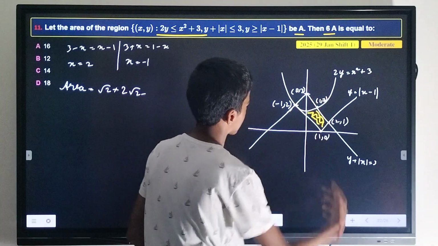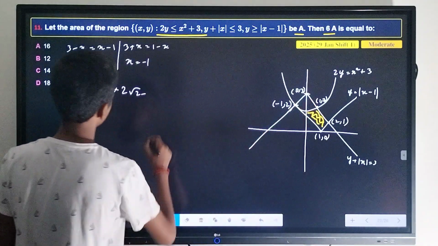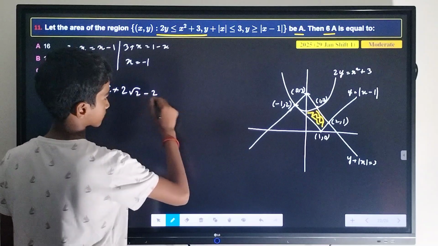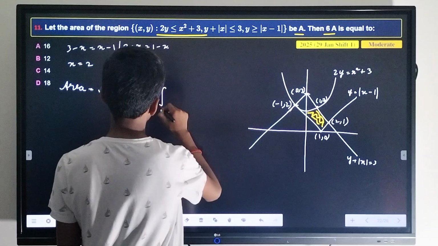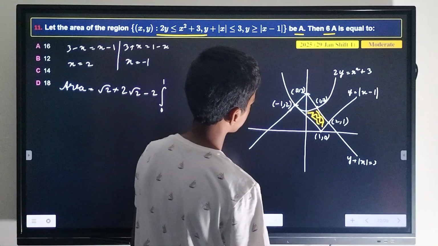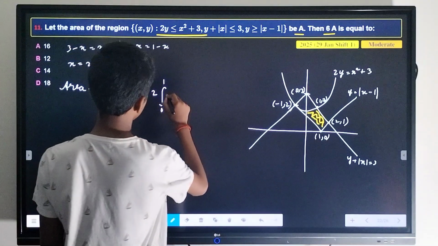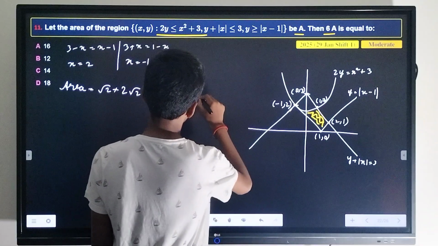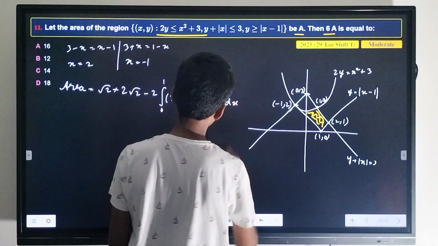This is looking like a sector, so that's why. So the area of this unwanted region will be minus 2 times the integral from 0 to 1 of 3 minus x minus x square plus 3 upon 2 dx.